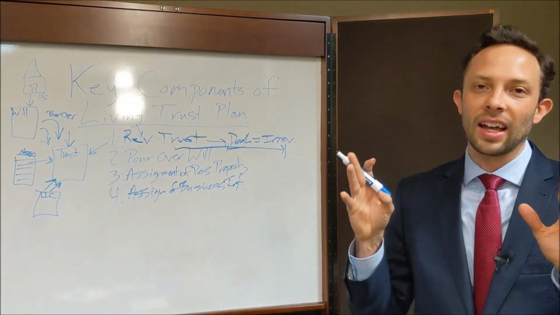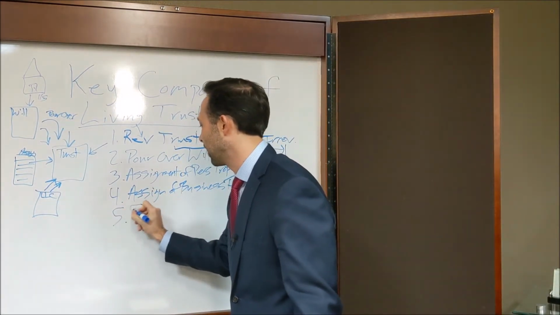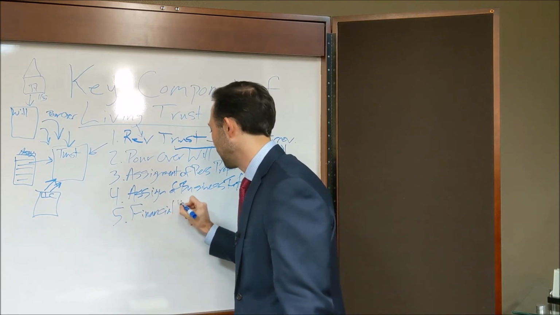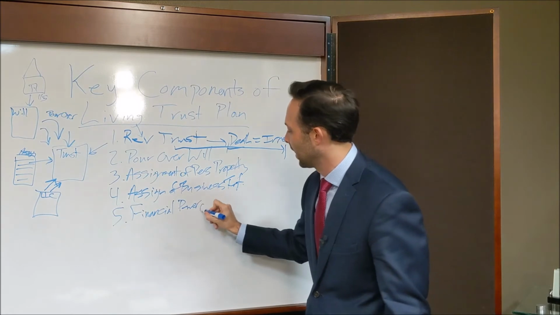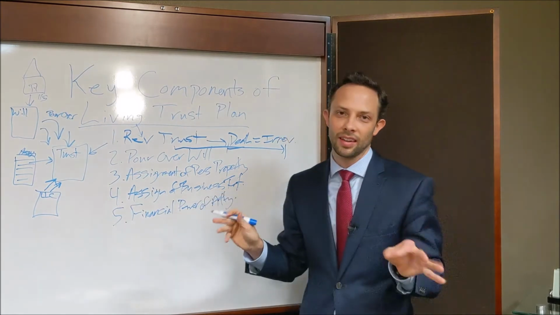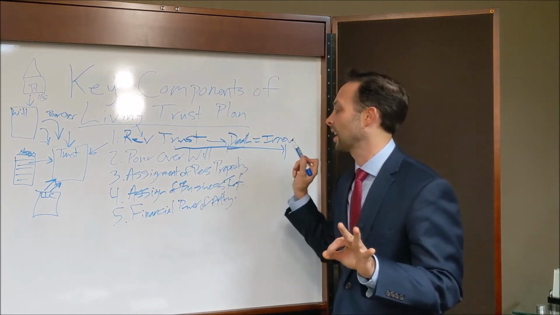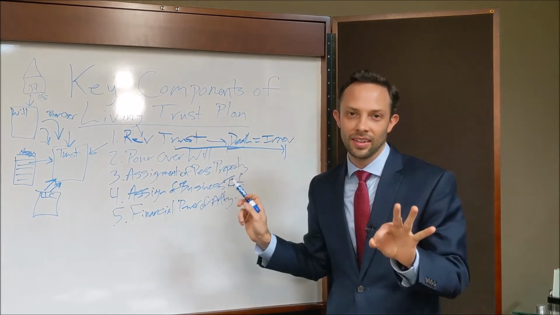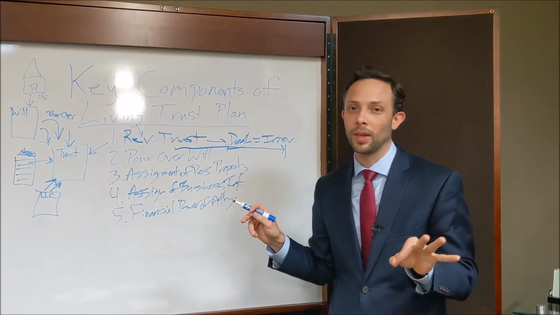Next, a key part of a trust plan is a financial power of attorney. Now, if you put the trust in place and you retitle all the assets, in my opinion, the financial power of attorney becomes less important, because your trustee, if you're incapacitated, can manage the trust assets under the trust document. That's the best, and it's what the banks are easiest to work with and the most familiar.